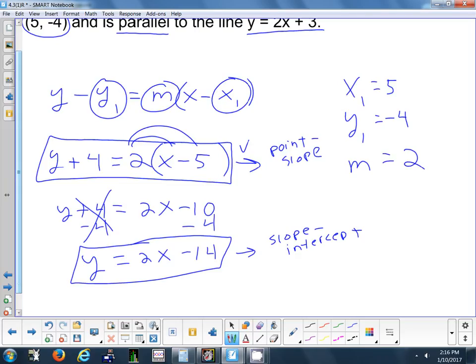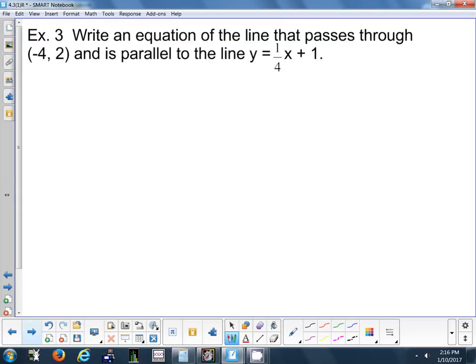So we used our coordinate. We got the slope from the equation. And then we just plugged everything into the 3 spots. So we'll try this one. This time, leave it at point slope. You don't have to do the extra step at the end. Just stop.